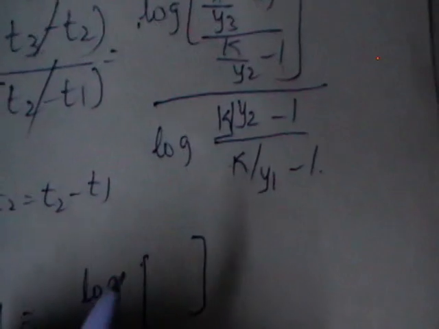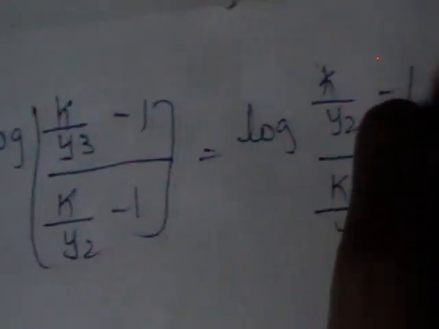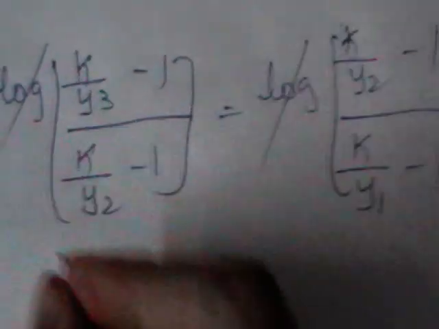Okay, rewrite this as it is. We are going to find out k from this. So we can write that as log of (k by y3 minus 1) by (k by y2 minus 1) is equal to log of (k by y2 minus 1) by (k by y1 minus 1). Log cancels.